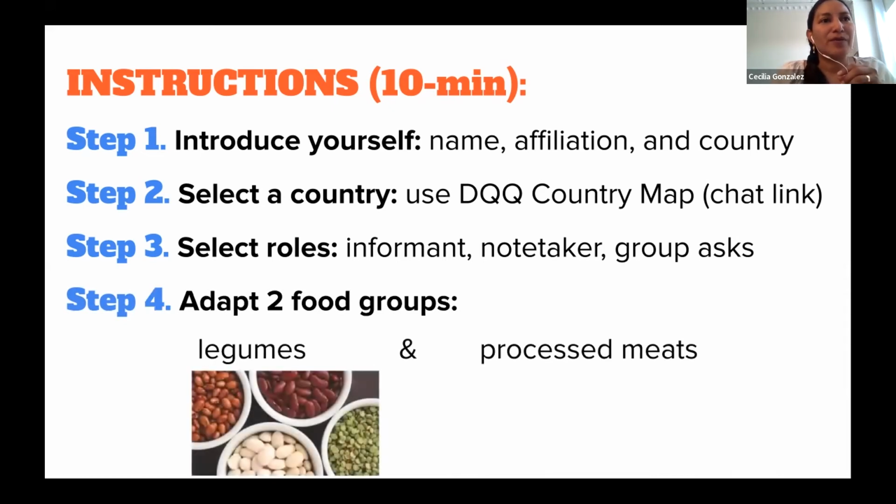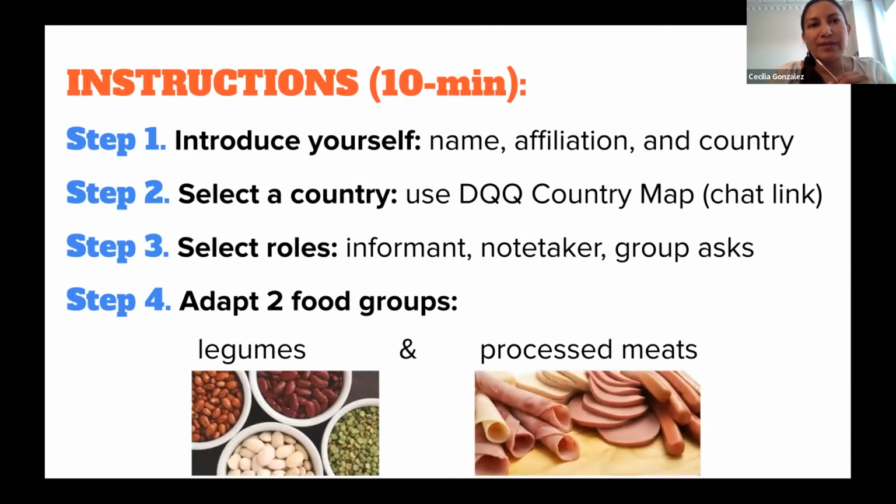And so for the legumes, these will include things like beans, peas, lentils, chickpeas, soy, and also if needed, it can include certain products like hummus or tofu. And then the second group, processed meats, includes things like cured or smoked meats, for example, sausage, bacon, or hot dog. And it also would include dried or canned meat.